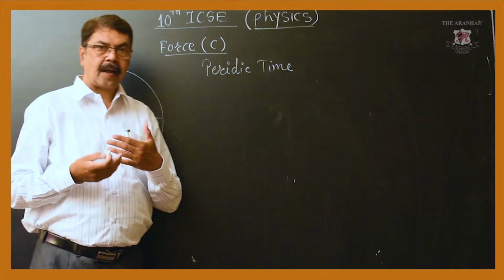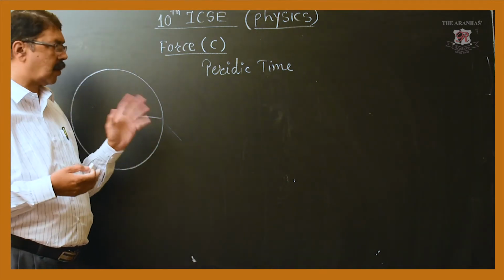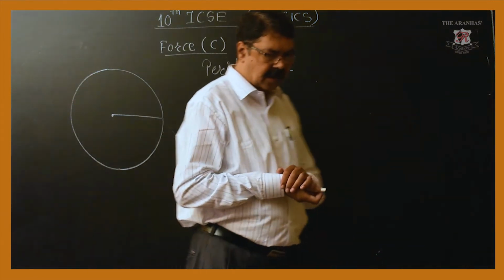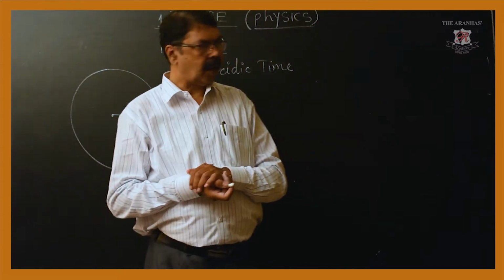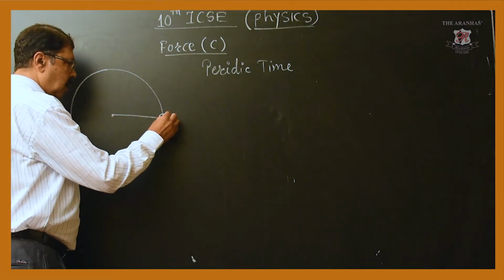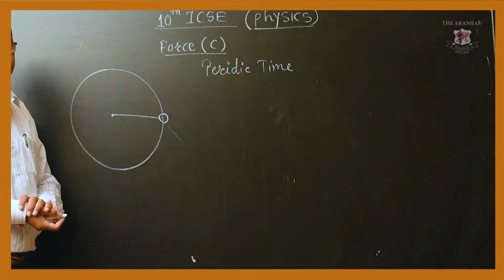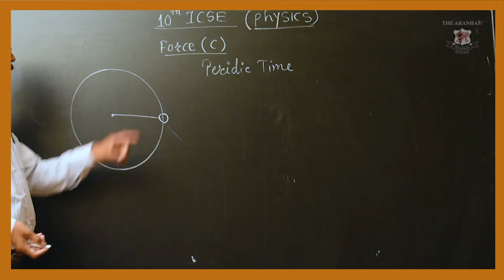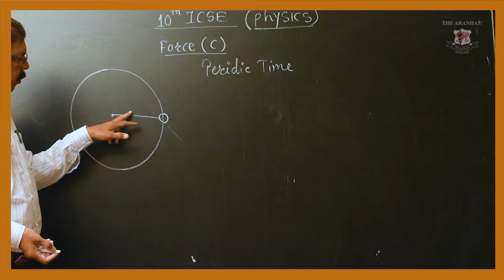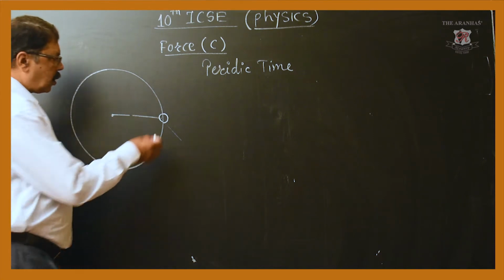Then, we have to understand what the direction of velocity is for circular motion. See, I will give you one example. If you tie a stone to a thread, this is a stone which is tied to a thread. If it is whirled in a circle and at some point this thread breaks, what happens to the stone?